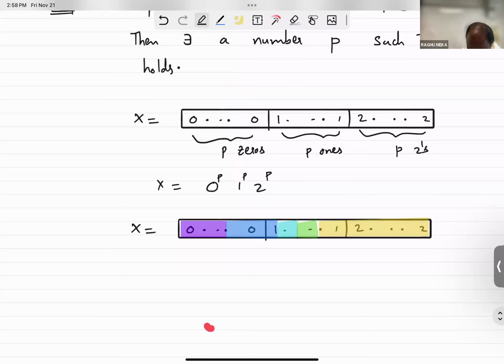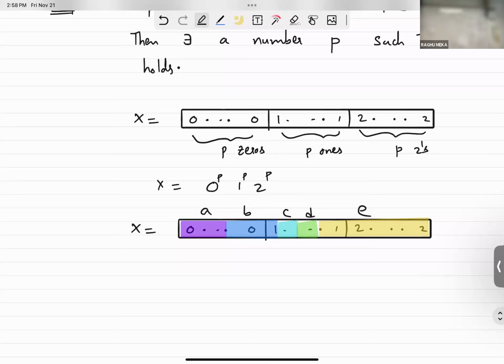Suppose I have something like this: A, B, C, D, E. There's some way of splitting it up such that the pumping lemma holds. That's what Alice claims, and we want to catch her in the lie. We want to say there is no way of splitting my string x, which is 0 to the p, 1 to the p, 2 to the p, so that you can pump.